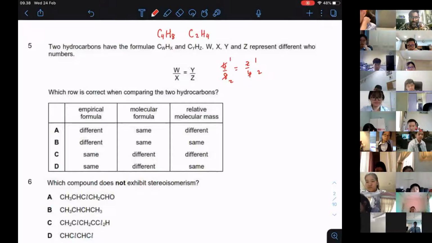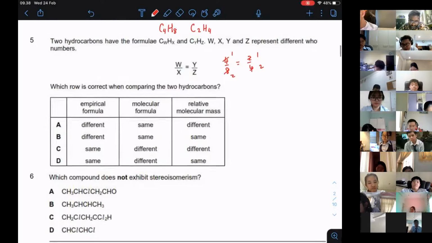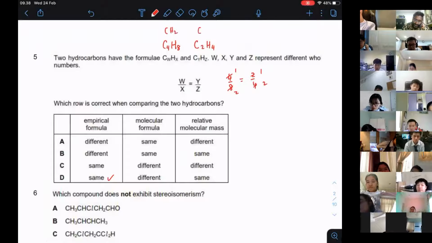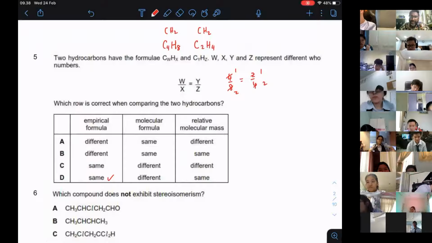Now, which of the following is correct when comparing these two hydrocarbons? When you want to compare the empirical formula, you can see because of this, the empirical formula is going to be the same. Why? Because they follow 1 to 2, so they are going to follow CH2. This is also CH2, the empirical formula. The molecular formula, on the other hand, is different. Why? You can see here, they are different.